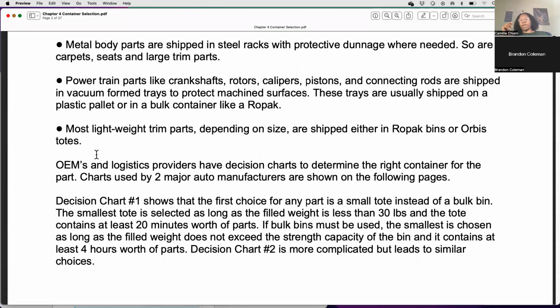But as I started working in automotive and started seeing how many different things go into the decision, how many things impact the packaging from the very beginning, when the part's first made, and understanding the characteristics of the part, all the way through as it travels, as it gets shipped, as it gets stored, as it gets pulled on the line, and as that tote, if it's returnable, as it gets moved back, or if it's not returnable, if it's expendable, how it may be put in recycling or composting or a compactor or wherever it might go, looking at the end of life, just looking at that whole range of what happens to it. Now it makes more sense what these decision charts are about.